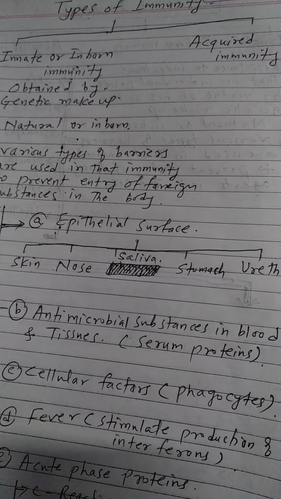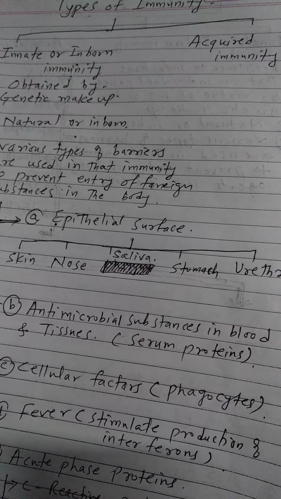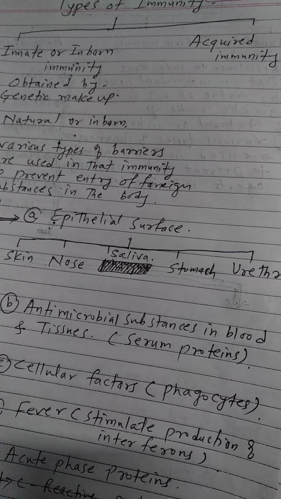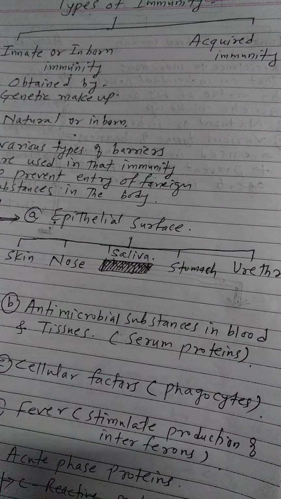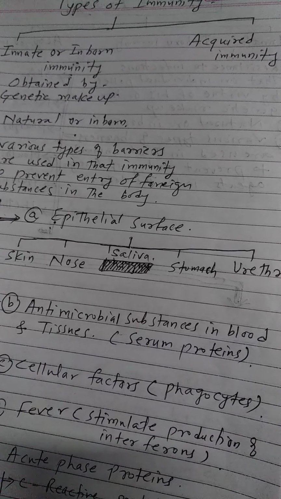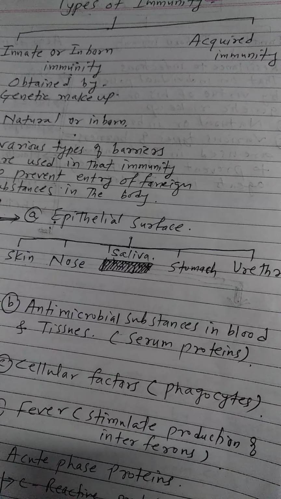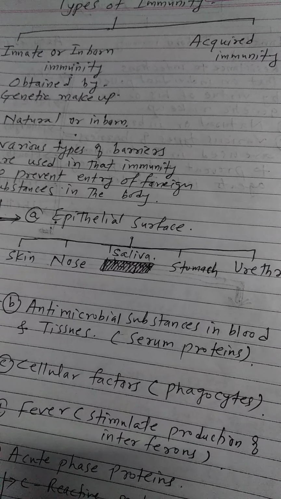Next, antimicrobial substances in blood and tissues. In blood, there are about 30 types of serum proteins.